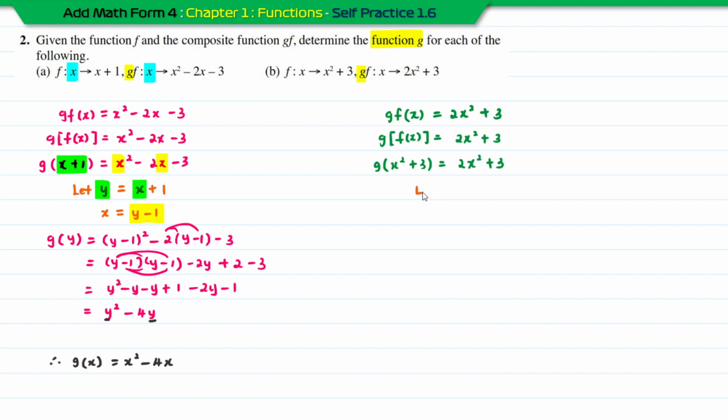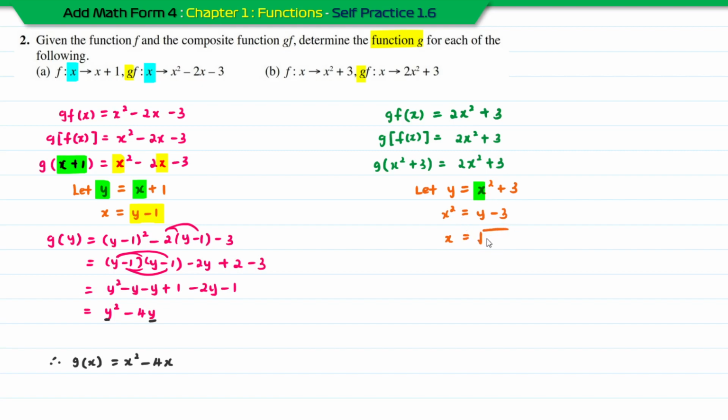First, let y equal x squared plus 3. To find the inverse of it, we need x to become the subject. So we move this positive 3 to the other side. x squared will equal y minus 3. To get x as our subject, we move this square to the other side.